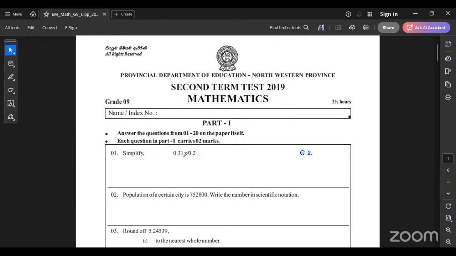Altogether, how many decimals are there? 3 decimals. Then how can you keep 3 decimals? 0.062 is the correct answer, right? 0.062. Understood?